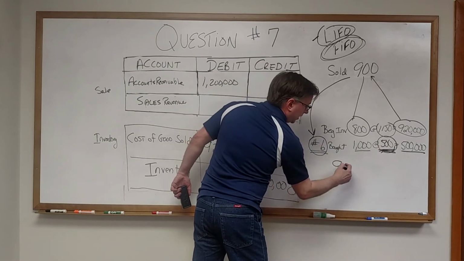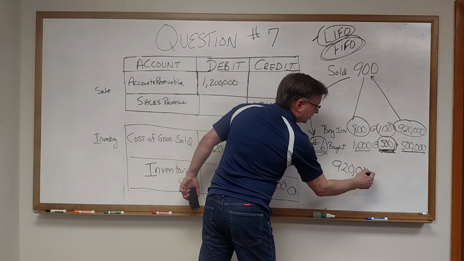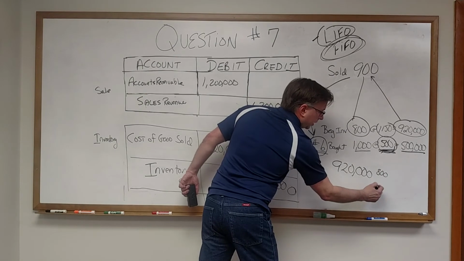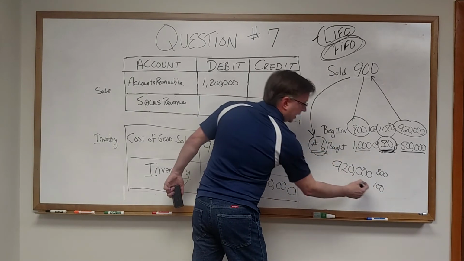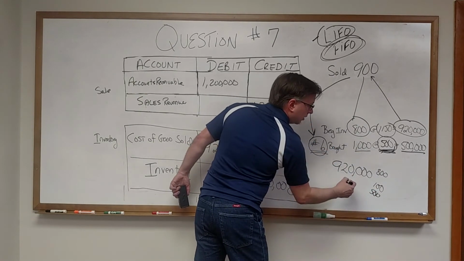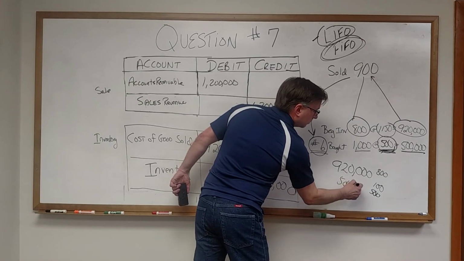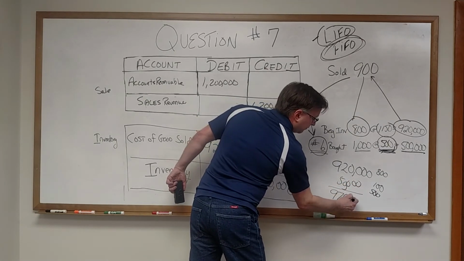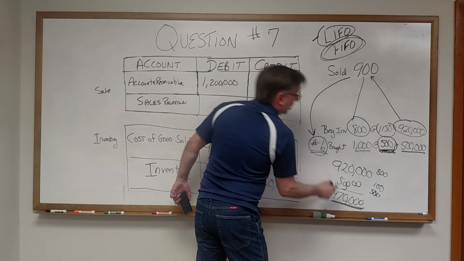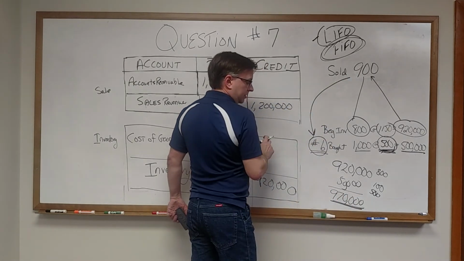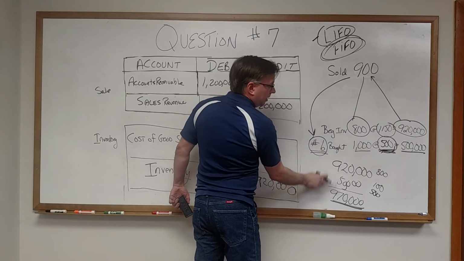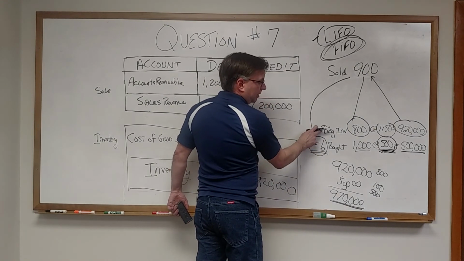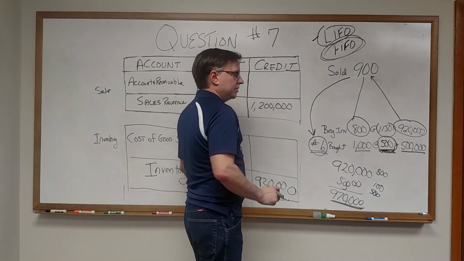So we'd have the whole $920,000 for 800, plus we'd have 100 units at the $500, or $50,000. So our FIFO, if we had sold 900 units, would be a mixture of all the beginning inventory and some of that purchase in number 6.